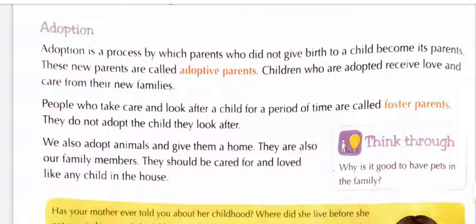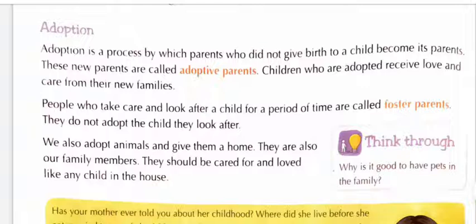So according to the paragraph, adoption is a process in which parents who did not give birth to a child become its parents. These new parents are called adoptive parents. The children who are adopted receive love and care from their new families. But people who take care and look after a child for a long period of time are called foster parents.